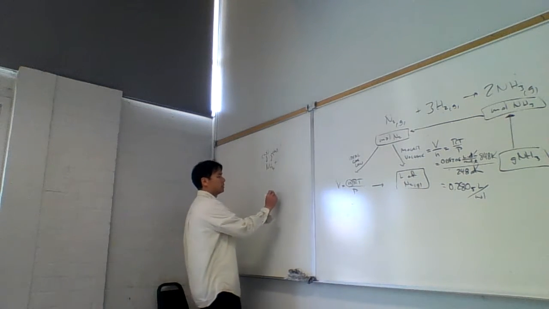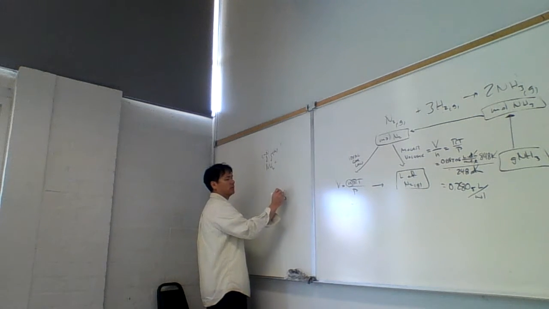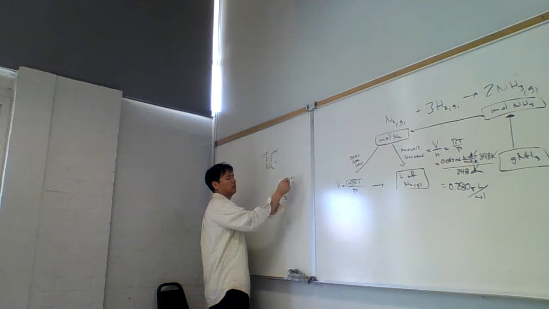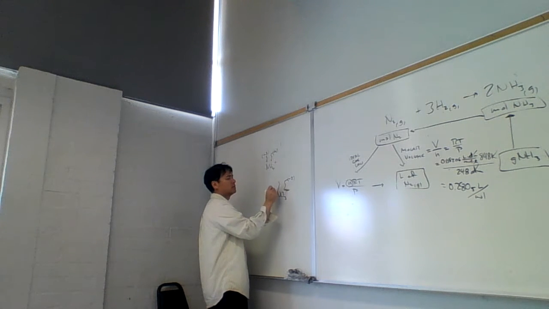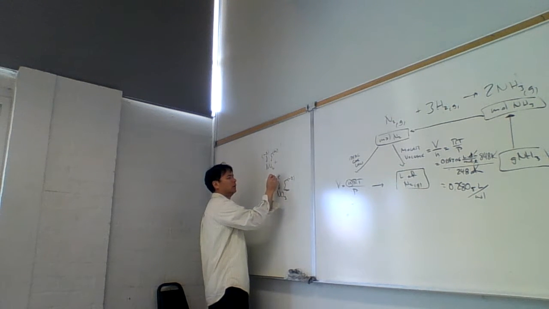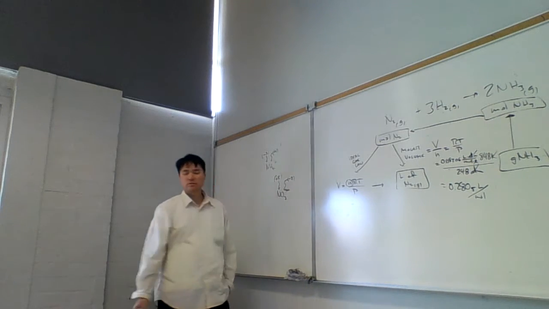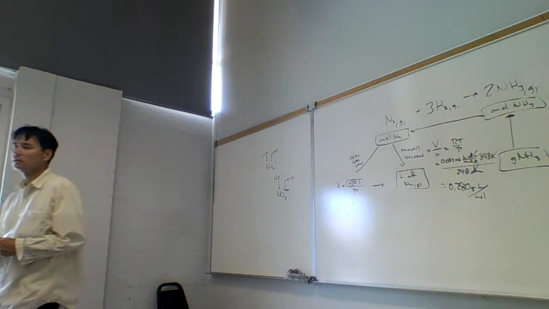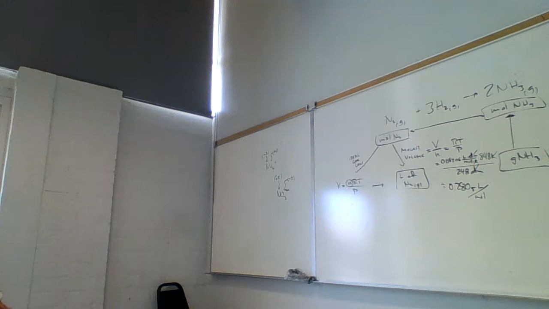Then when we look at nitrate, it has a net negative charge. The oxygens are -2 each, so it's -6. That means this nitrogen's +5. That means this nitrogen's lost all its valence electrons. So you have one nitrogen that's +5 and another nitrogen that's -3, and they're right next to each other.